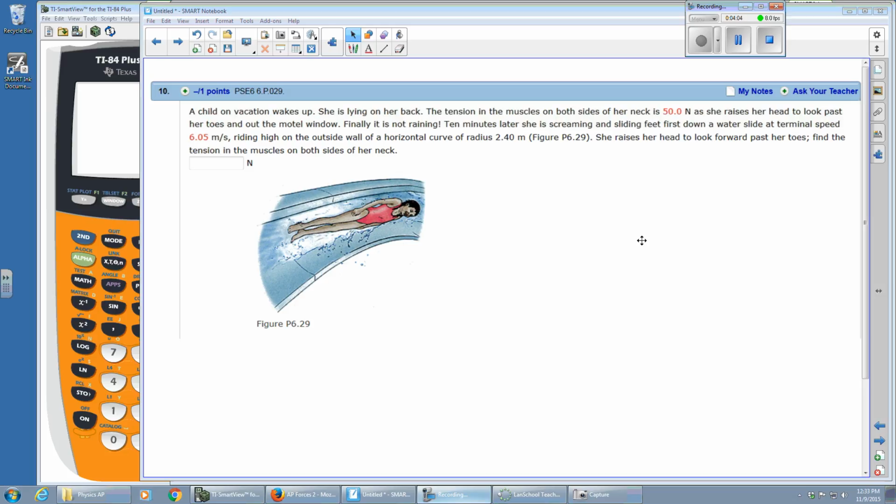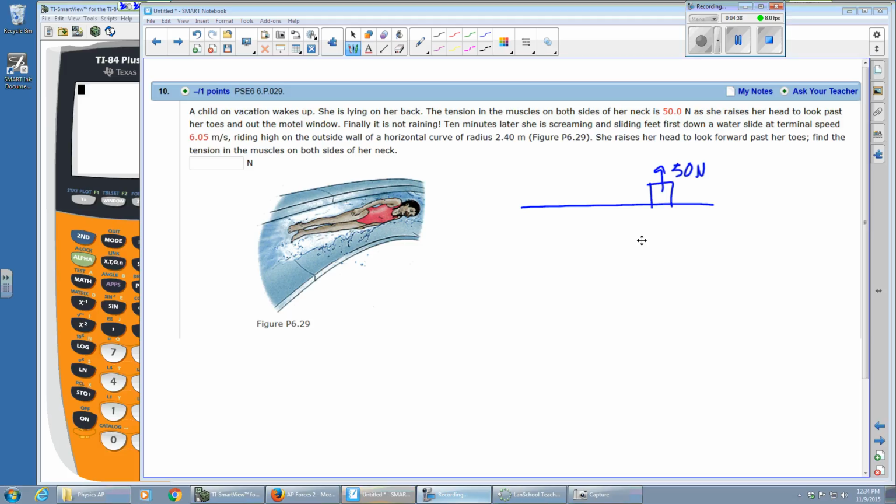What they're adding in here is the idea that because she's going around this curve, there are going to be some additional forces on it. At the beginning here, we have her head, and to raise it, the muscles have to provide a force of 50 newtons each, to raise her head up.